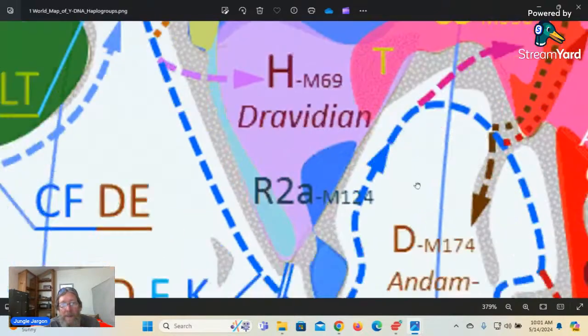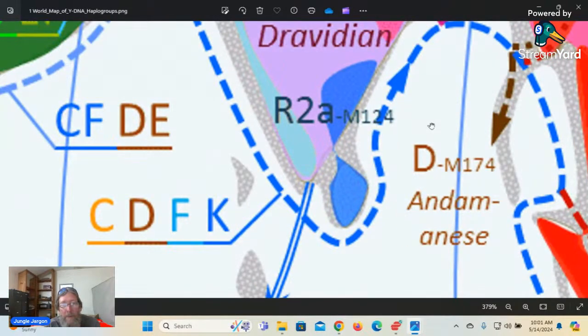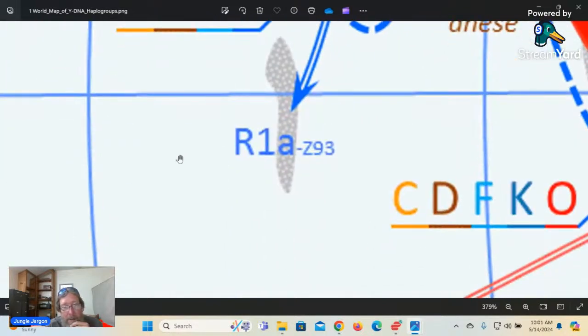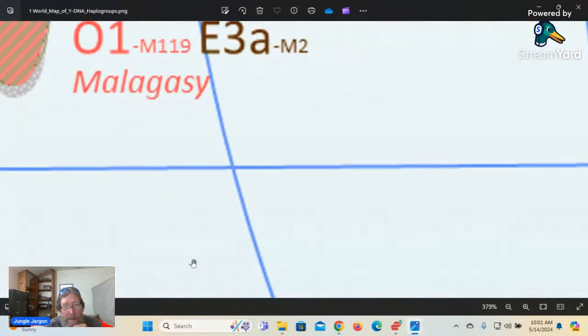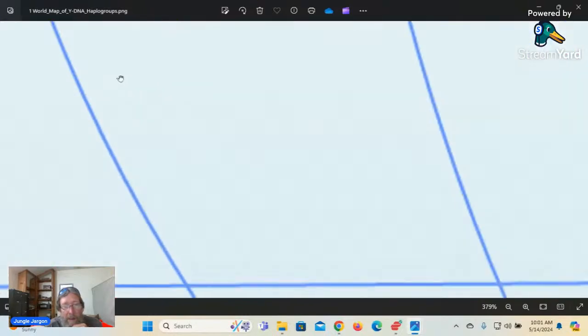But the thing to understand is that it's not that one produced the other. It's that they both have a common ancestor.